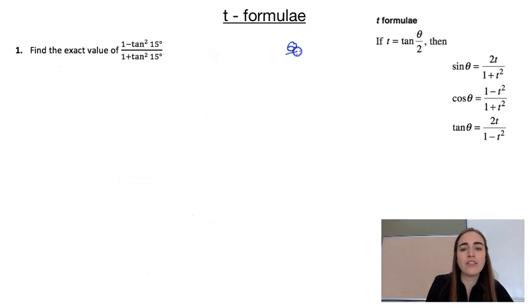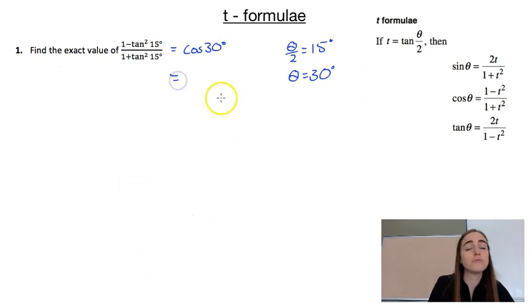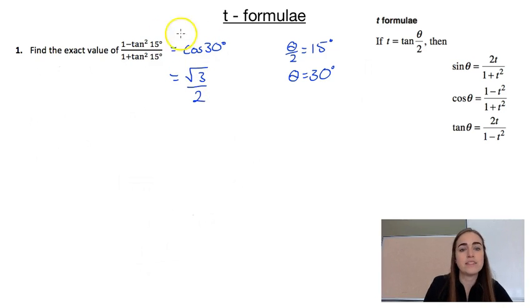So that means that our theta on 2 is our 15 degrees, which means our theta would have to be 30 degrees. So this here is going to be equal to cos of 30 degrees, which we know from our exact values is equal to root 3 over 2. So the exact value of this whole thing is root 3 over 2.